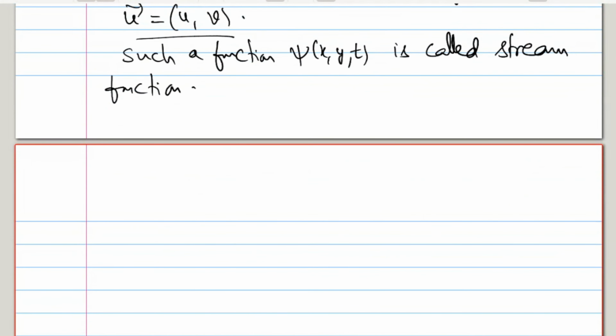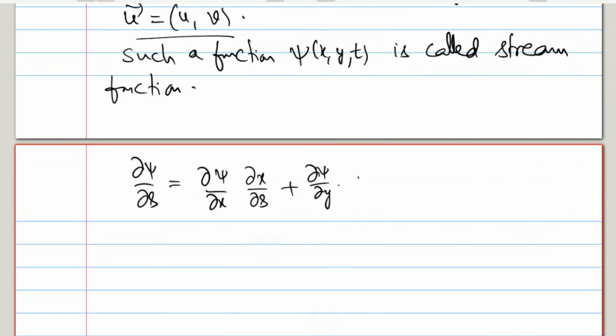You can easily see that if you calculate dou psi by dou s, where s is the parameter. dx by ds, dy by ds is the tangent to the streamlines. Psi is only a function of x, y, so this is dou psi by dou x into dou x by dou s plus dou psi by dou y into dou y by dou s.